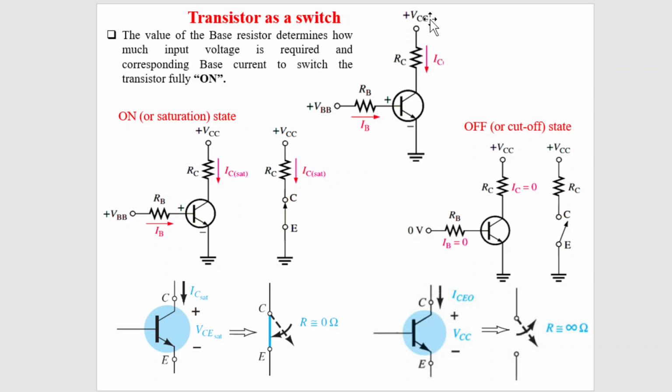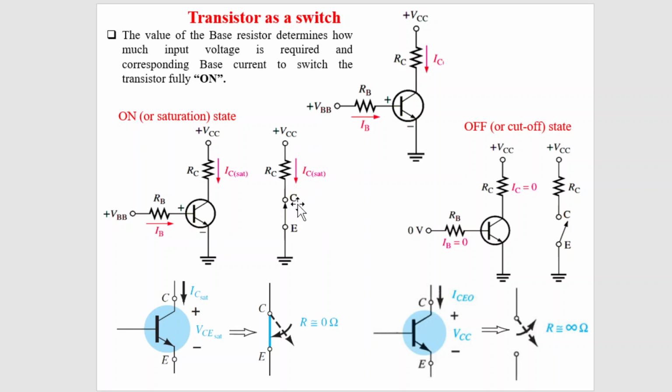So when the transistor is in saturation, when the transistor is used as a switch and the switch is working in an on condition, then you have a saturation collector current and a base current, and this circuit diagram can be replaced by this equivalent circuit. Because in that situation, the collector-emitter junction will be shorted, and then the maximum collector current will flow.